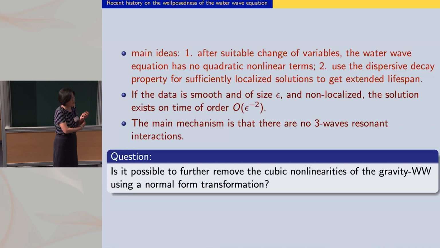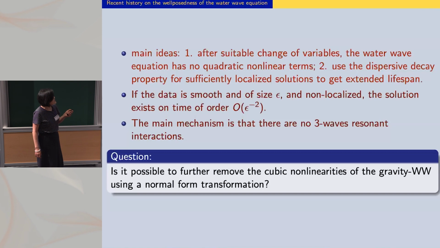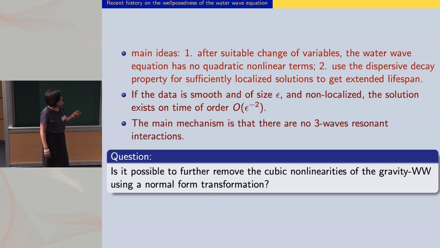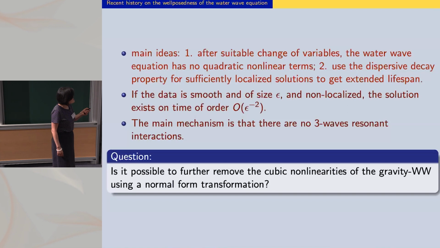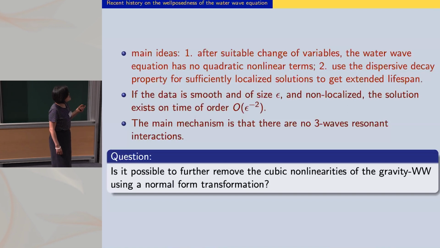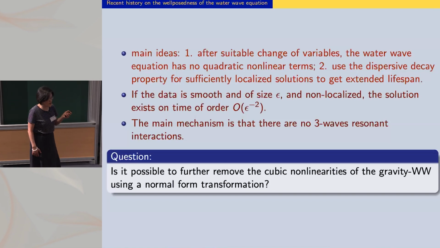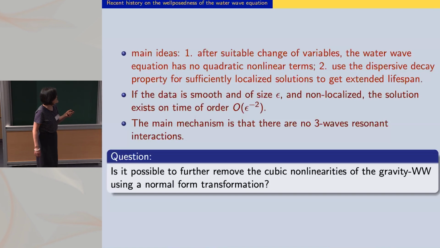So essentially you are dealing with an equation with only cubic nonlinearity. If you do not use dispersive decay, you can show that if the data is smooth of size epsilon and not necessarily localized, then the solution exists for time epsilon to the minus 2, because this is cubic.